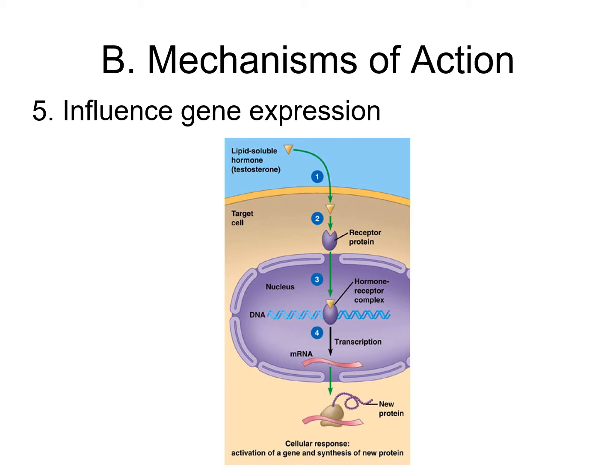So we have the hormone crossing the plasma membrane, binding to a receptor on the inside of the cell. That complex of hormone plus receptor binds directly to DNA. Each hormone receptor complex would have a target gene it would bind to, causing transcription to occur. mRNA is produced.